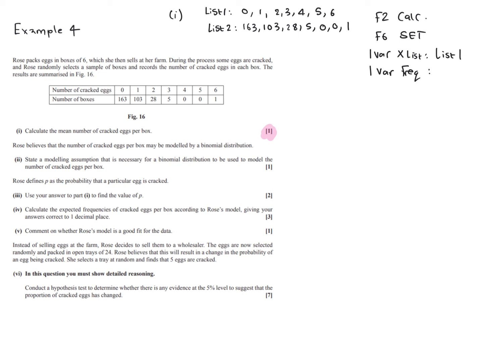So use F2 to select a new list if it's not correctly set up. It should be set up as list 2, because of course the frequencies are entered as list 2. You then need to exit from that menu and then select F1, which is 1 var. This then brings up all sorts of calculations, including x bar, which is the mean, which is 0.6.